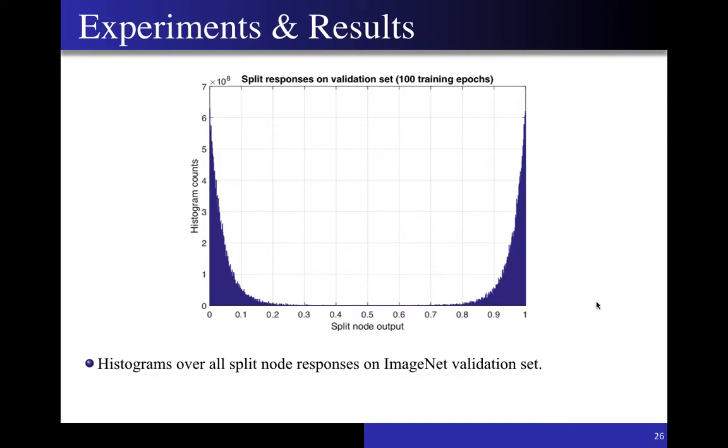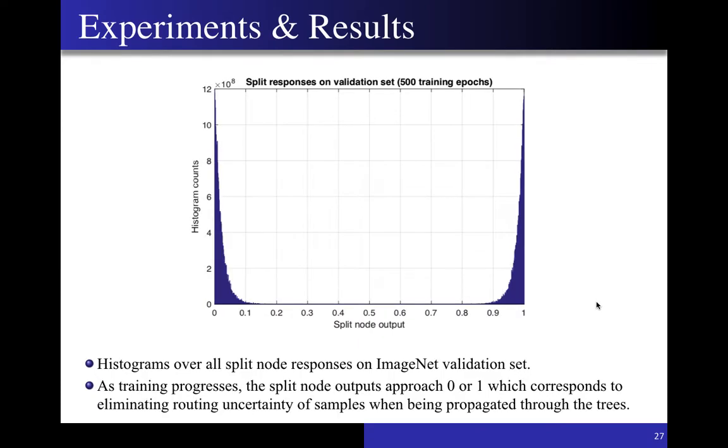This histogram shows the split of the responses of all nodes of the architecture on the ImageNet validation data. This specific histogram is after 100 training epochs, and this shows the histogram after 500 epochs.